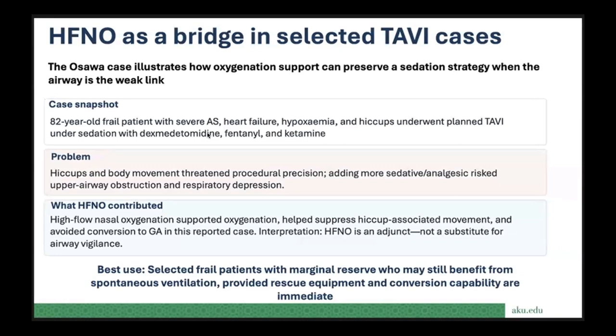The interpretation was that it can be used as an adjunct, but not a substitute for airway vigilance. The best use is in selected frail patients with marginal reserves who may still benefit from spontaneous ventilation, provided rescue equipment and conversion capabilities are immediately available.